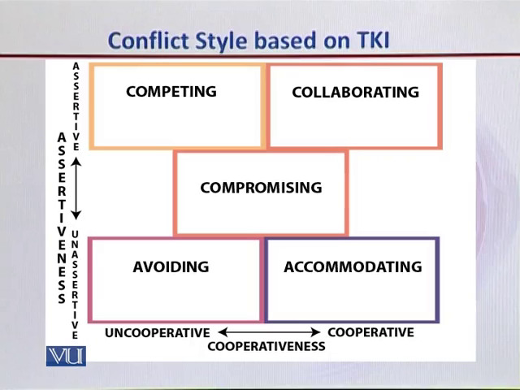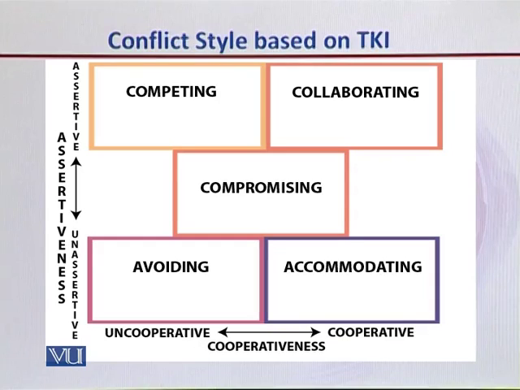On the bottom right, you have cooperative but unassertive. So I'm cooperating, I want you to win, but I'm not going to assert myself, and that's accommodating. You let the other individual or the other party win because that's your nature. On the right top is cooperative and assertive, and that happens when you collaborate. Collaborating leads to cooperation and assertiveness.